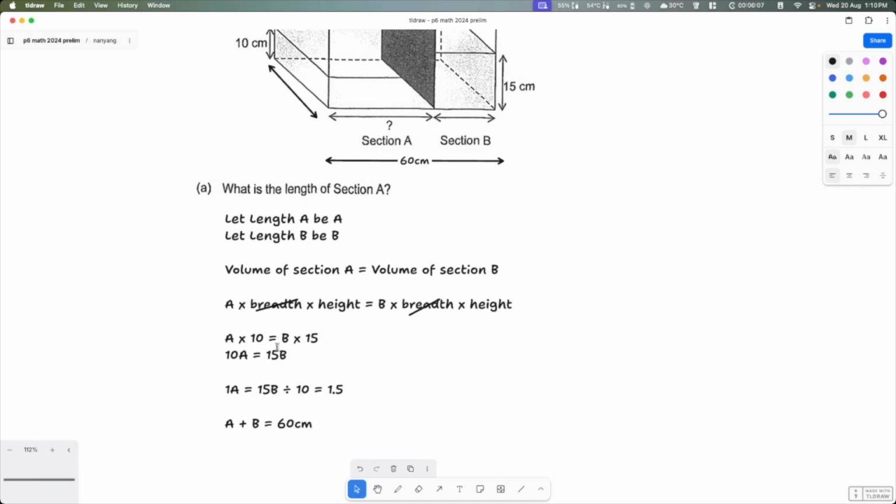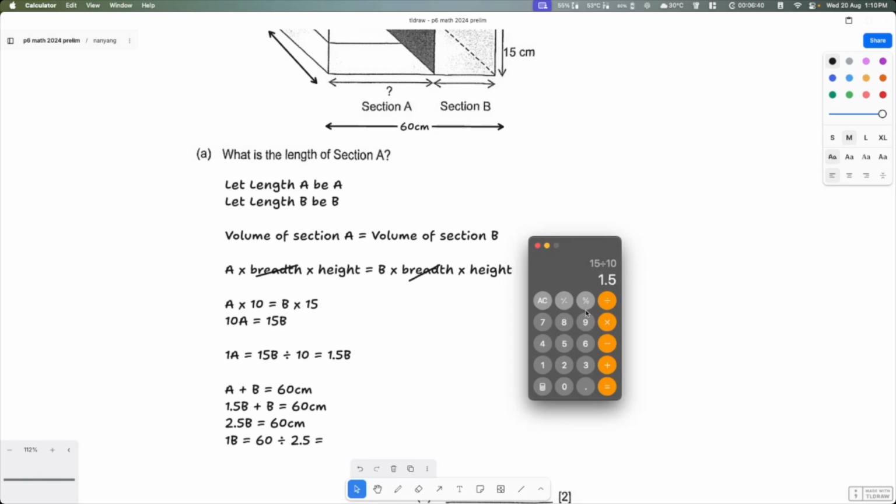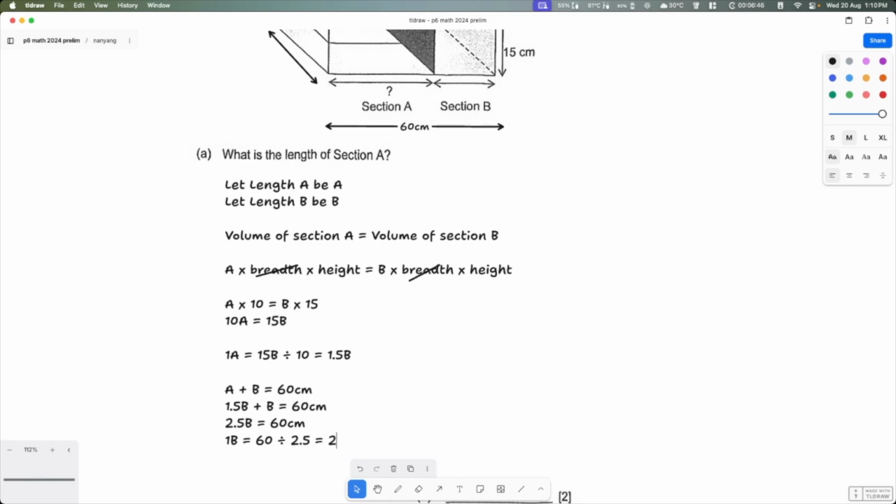So 2.5B is equal to 60 centimeters, and 1B is equal to 60 divided by 2.5. This will give us 24 centimeters.